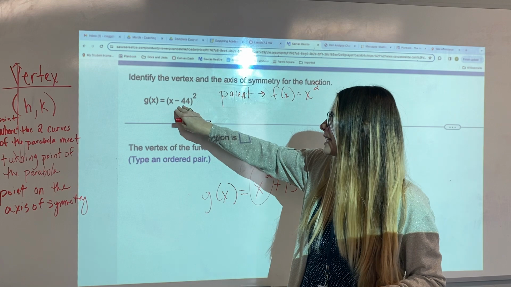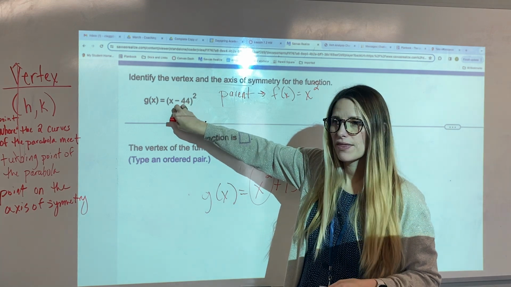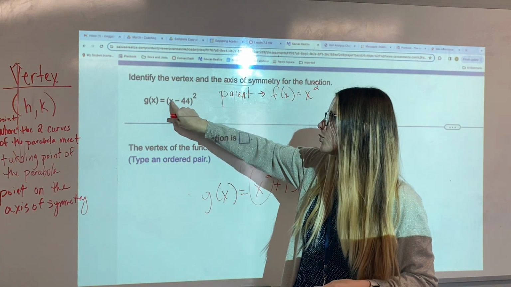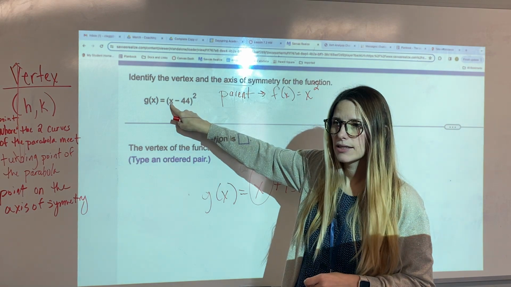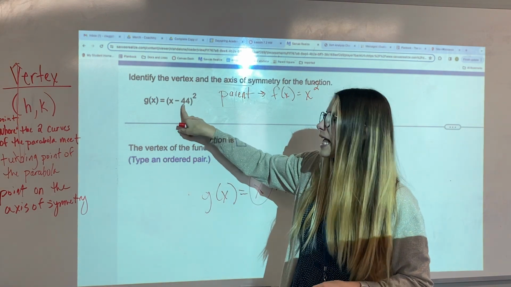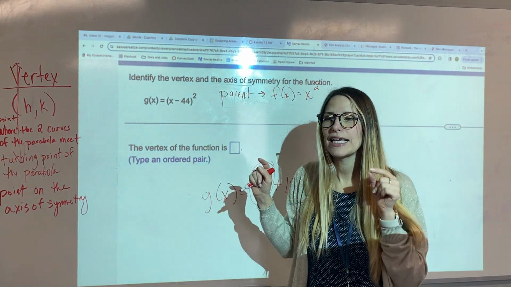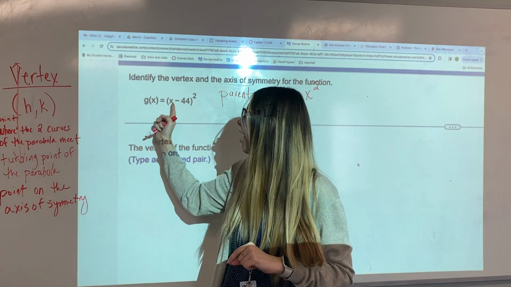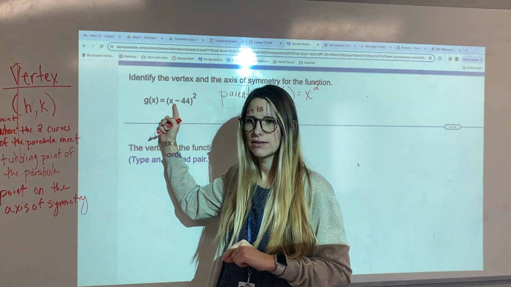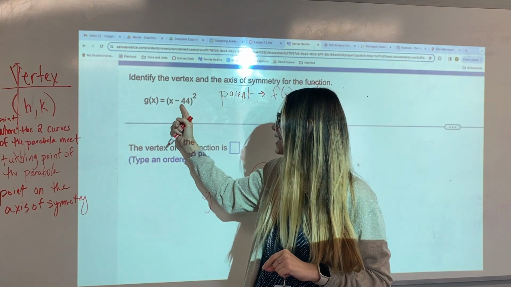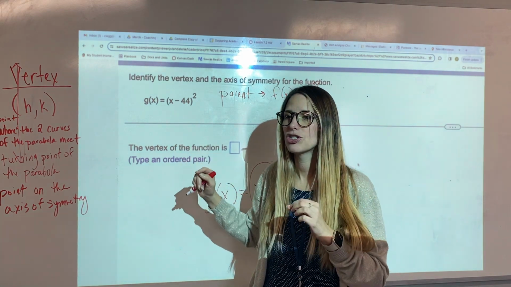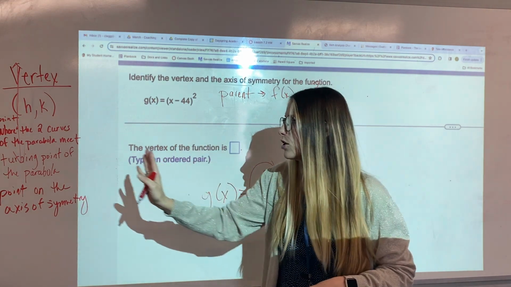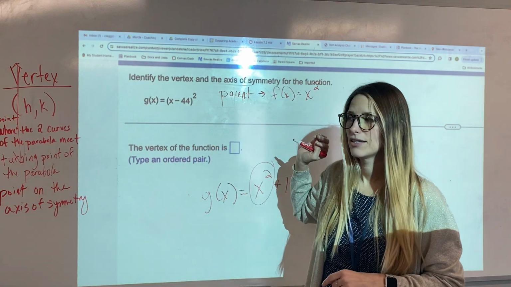Because when it is inside these parentheses, when it's being done to the input, to the x, not the x squared, it actually moves in the opposite direction of the sign. So it's saying negative 44, but it shifts, as Abby said, to the right.